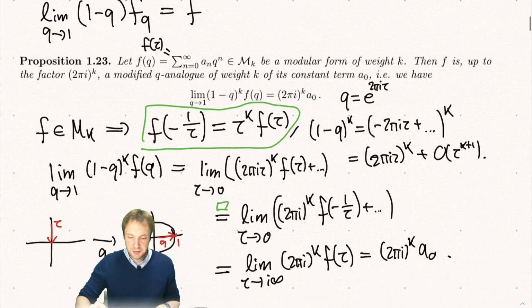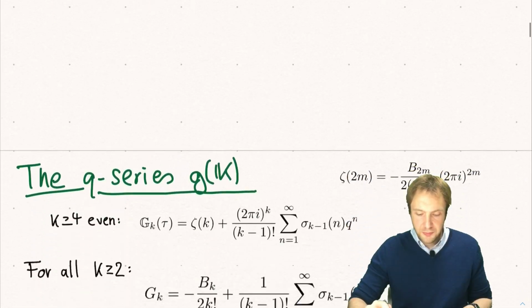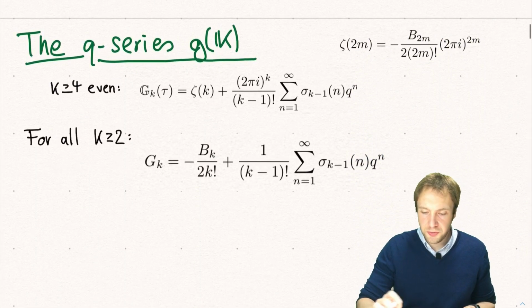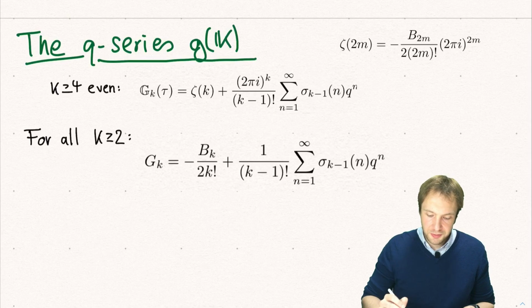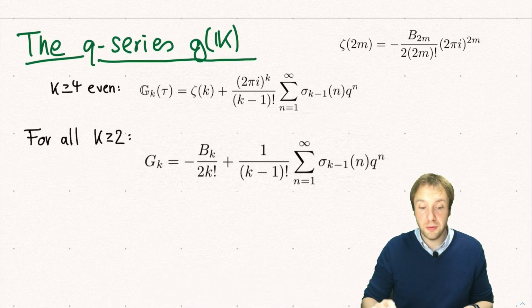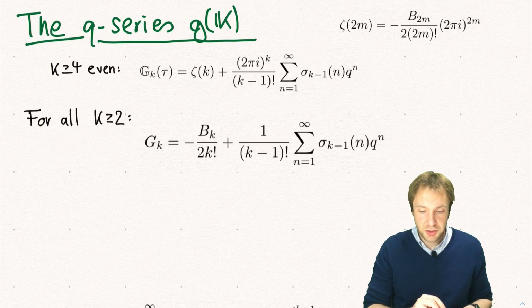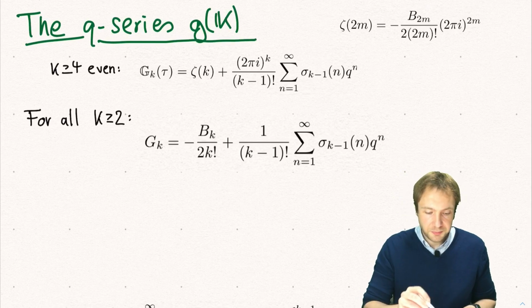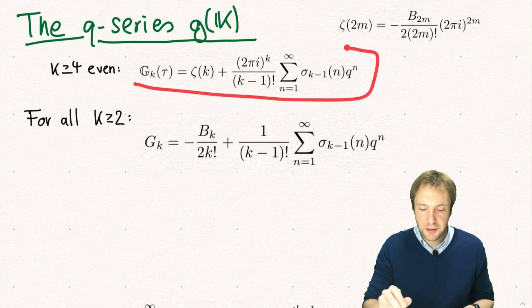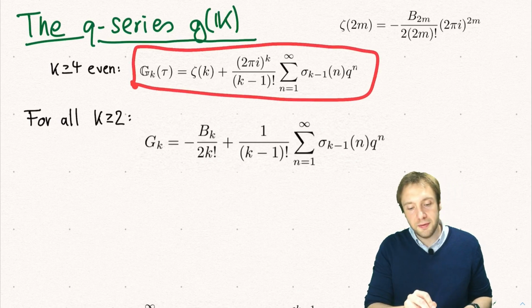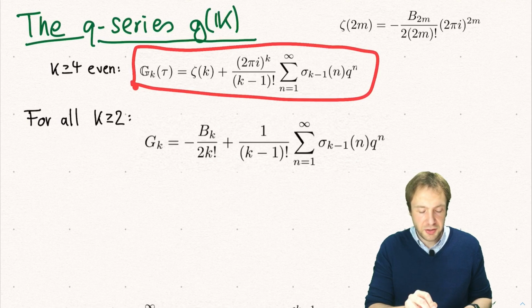So now we want to introduce a modified q-analog of multiple zeta values, which we will denote by small g. As I said in the beginning, we defined these Eisenstein series, which had this Fourier expansion here.